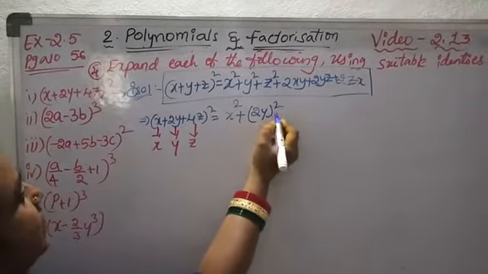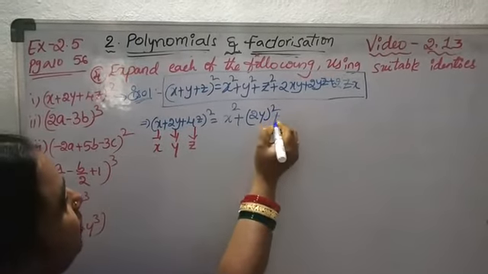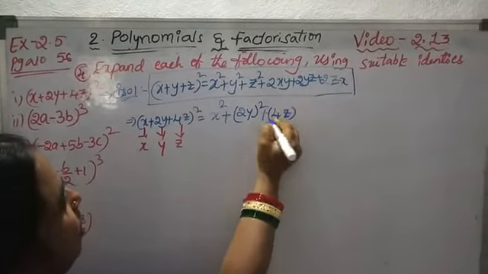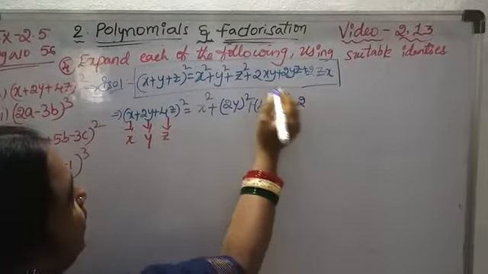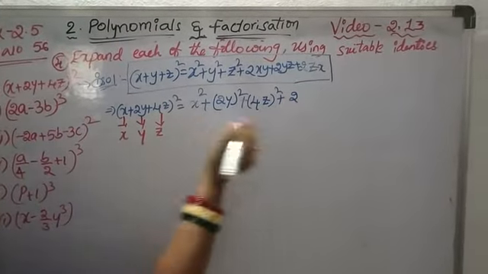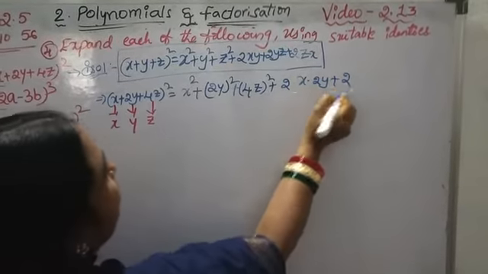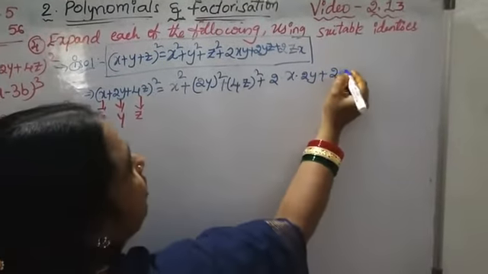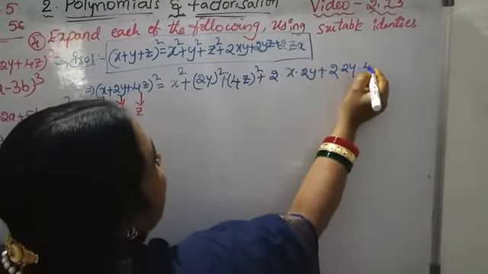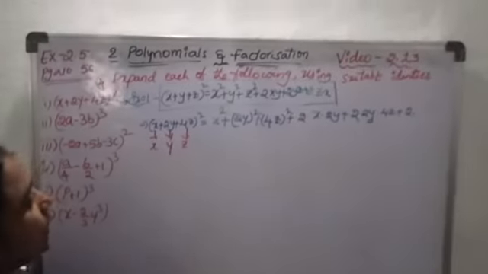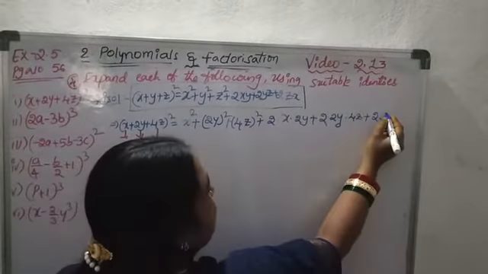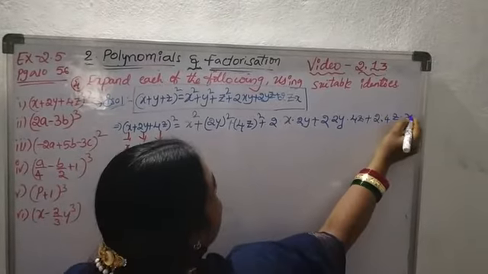Also in the place of z we have 4z. 4z all square plus 2 into xy means x into 2y, plus 2 into yz, 2y into 4z, plus 2 into zx. In the place of z we have 4z into x.